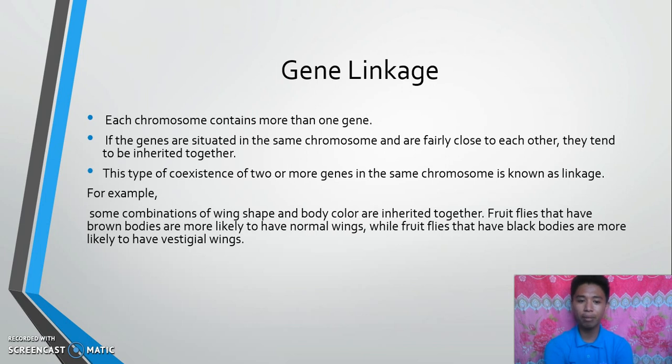For example, some combinations of wing shape and body color are inherited together. Fruit flies that have brown bodies are most likely to have normal wings, while fruit flies that have black bodies are more likely to have vestigial wings.